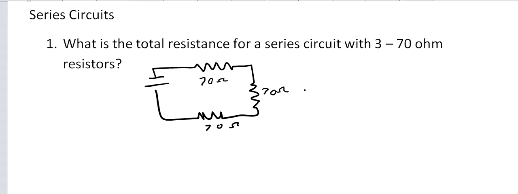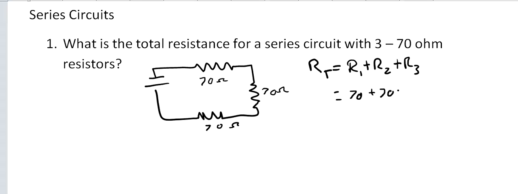And the total resistance, as we learned in the previous presentation, is equal to the sum of all the resistors in that circuit. So we just simply add 70 plus 70 plus 70, and we get 210 ohms as the total resistance.